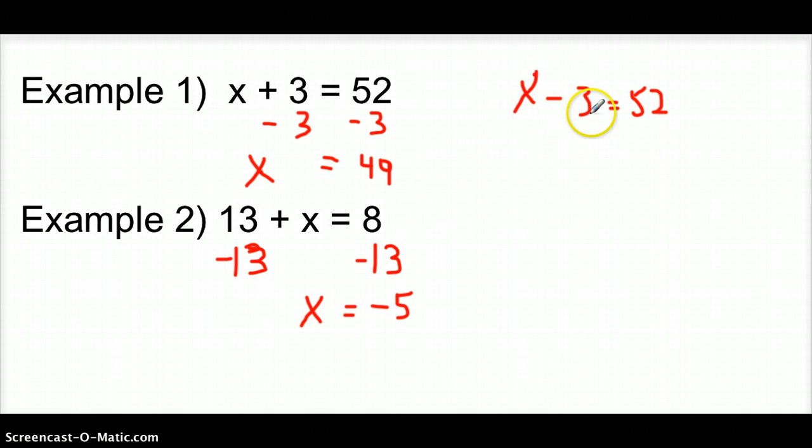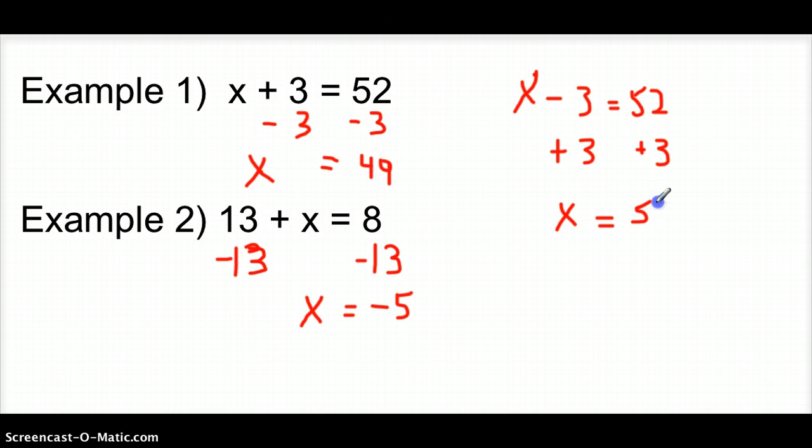So now since we're subtracting 3, we're going to need to add 3 to undo that. So we have a negative 3 and a plus 3. That will become 0. So now we will just have left on this side x, and that's going to be equal to, we're going to have to add 3 to this side as well to keep the equality intact. So 52 plus 3 equals 55.